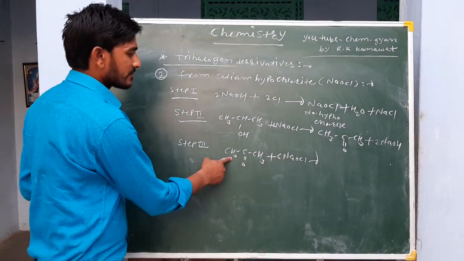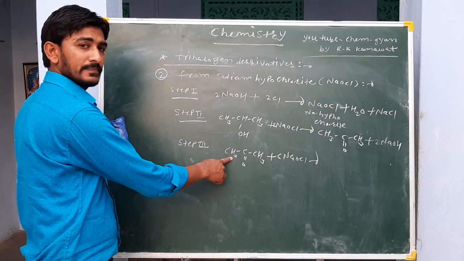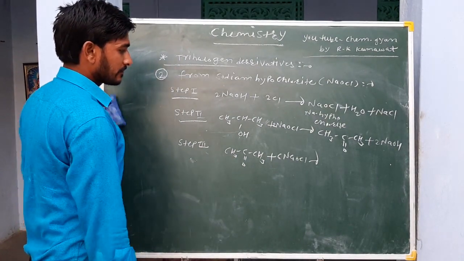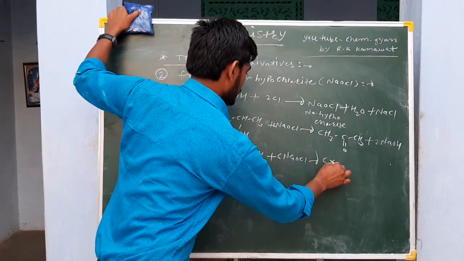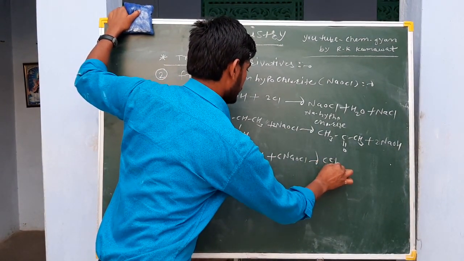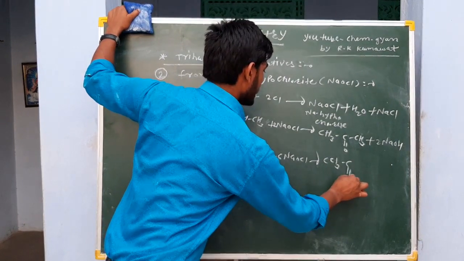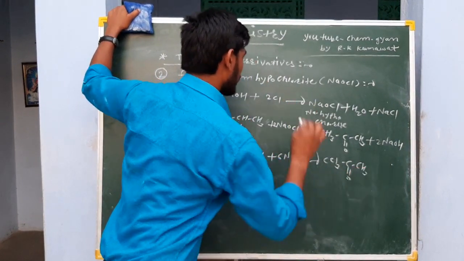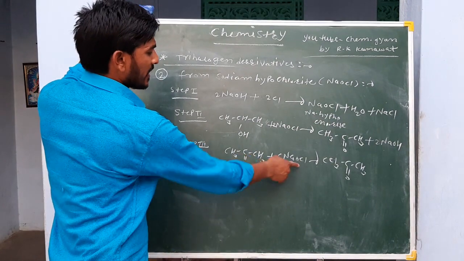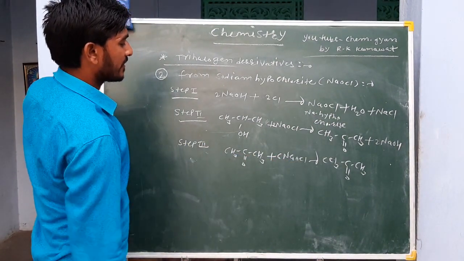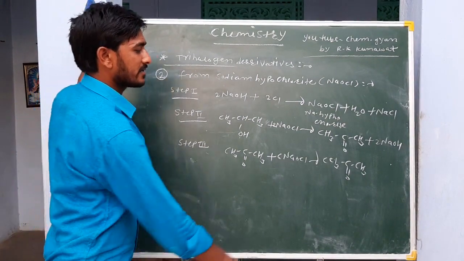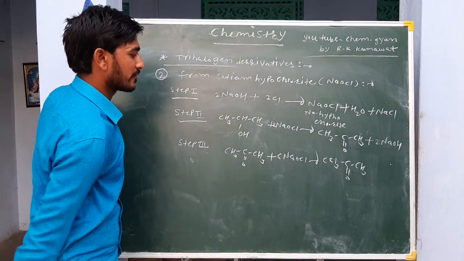Three chlorine atoms replace hydrogen, and CCl3COCH3, trichloroacetone, is formed.